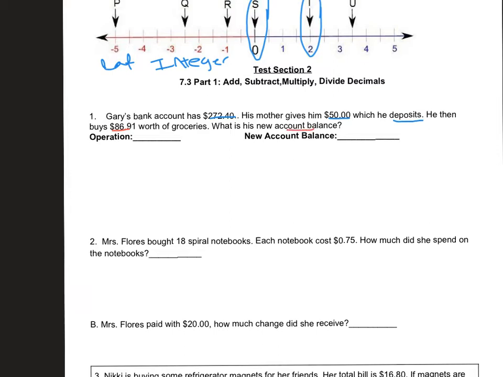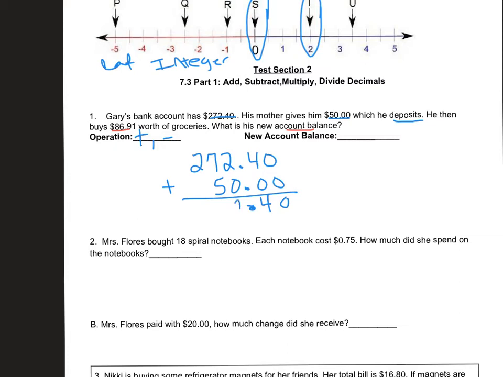So it seems like I'm going to have to do some adding to see how much money he has in his account, and I'm going to have to do some subtraction. So I know he has $272.40. And we added our $50 because his mom gave him $50 and he deposited, he put it in his bank account.